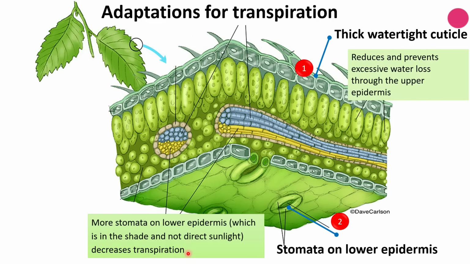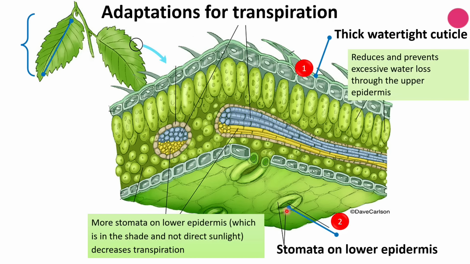Just like you sweating more on a hot day in the sun versus in the shade, you'll sweat less in the shade. This plant will transpire less, having the stomata on the lower side in the shade.